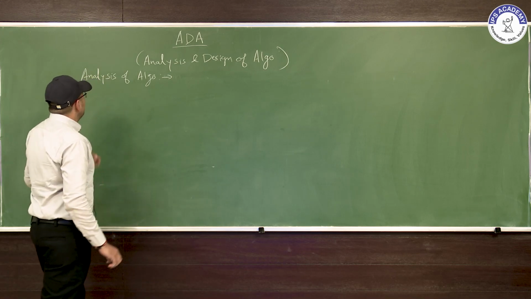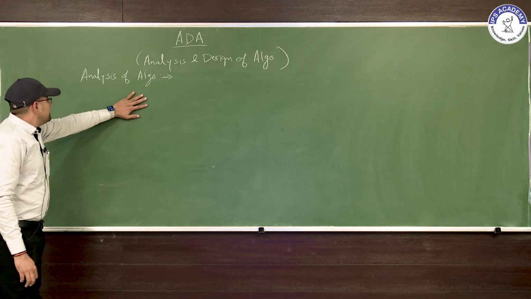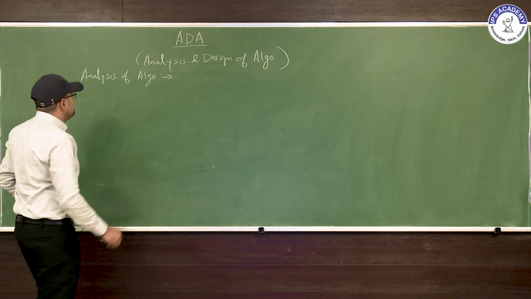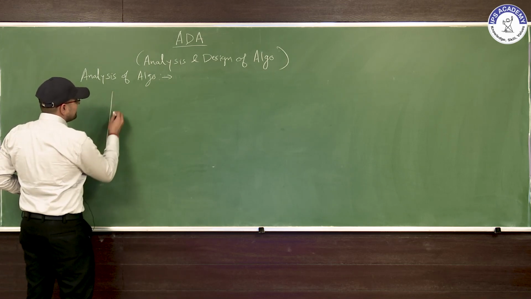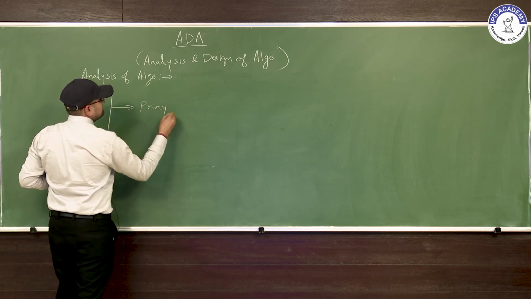Now if we talk about the analysis of algorithm, two types of analysis can be there: priori analysis and posteriori analysis.